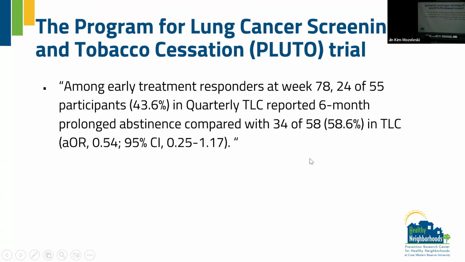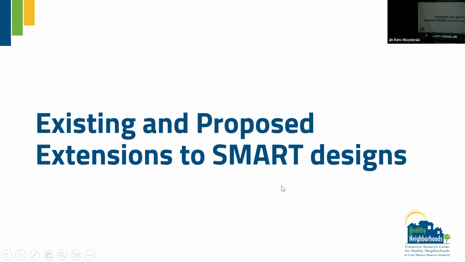So here, they do not recommend going down to quarterly TLC. They recommend for people who did respond that you stick with the at least monthly contact TLC. Any other thoughts on those?